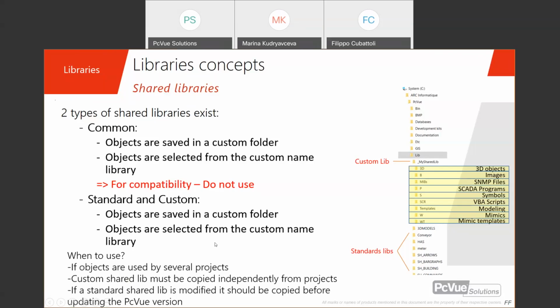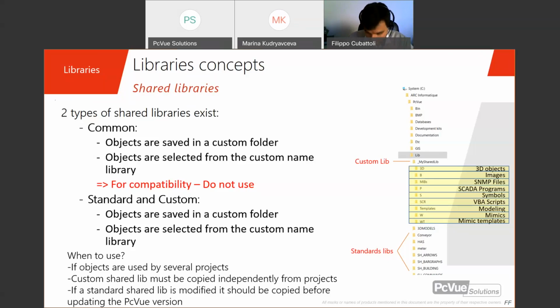And when you want to use this kind of library, basically when you need an object for several projects, obviously you can copy the shared libraries independently from the project. So it needs some caution when you do that.